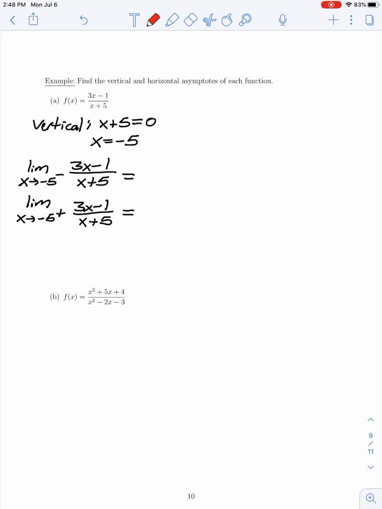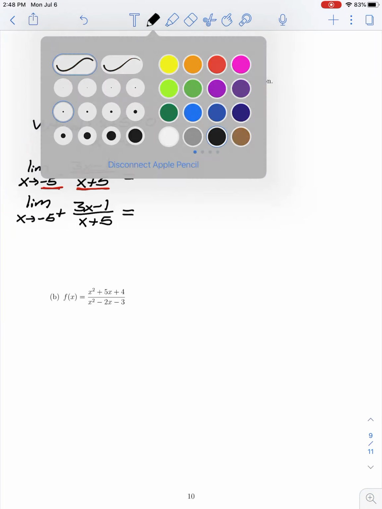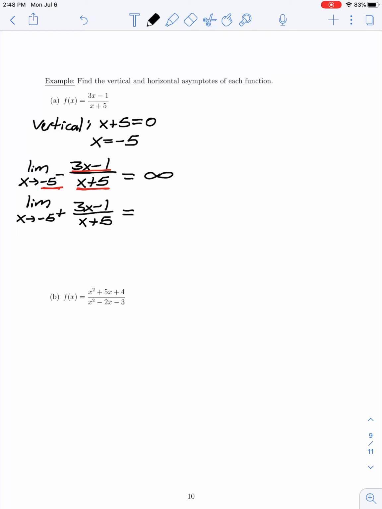And to get the sign of the infinite limit, let's consider the sign of our numerator and denominator. So if we're approaching negative 5 from the left, our numerator is approaching negative 16, so the numerator will be negative, and our denominator, x plus 5, well, if we're taking values of x that are less than negative 5, for instance, negative 6, we see the denominator would also be negative. So the ratio of those two negative numbers would be a positive value, so we have a positive infinite limit.